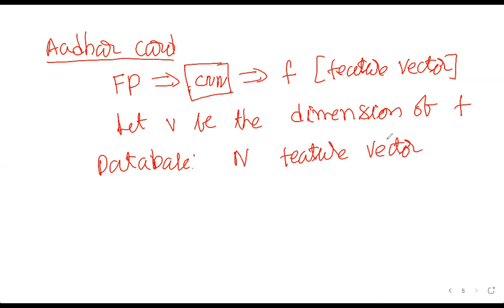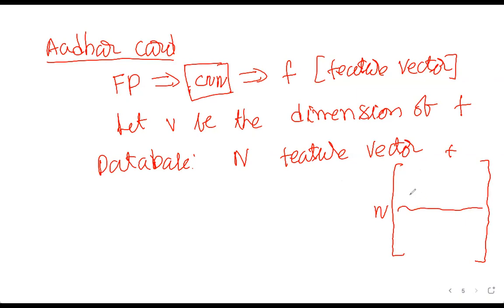You can think of the database as an n by v matrix, where every row corresponds to the fingerprint of a citizen of India.